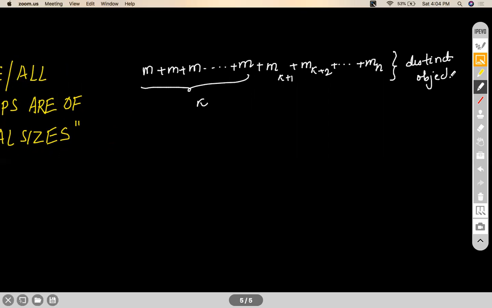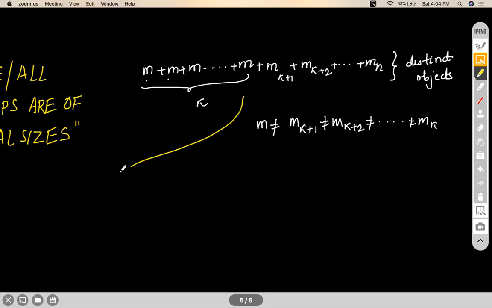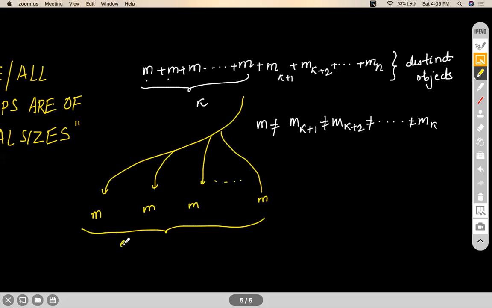Please note, the reason I have written m over here is that they all contain the same values, while these mk plus 1, mk plus 2, etc., are all different. So m is not equal to mk plus 1, is not equal to mk plus 2, is not equal to mn. Now I'm dividing these into n groups such that the first k of them have the same number of items. So these k groups are of equal size.